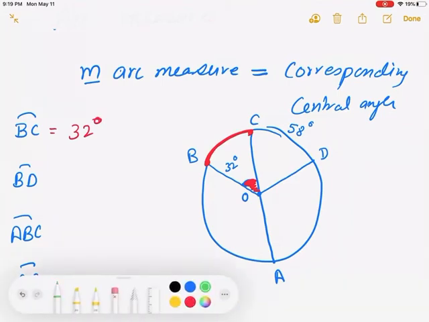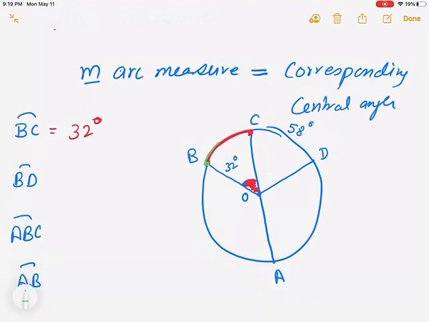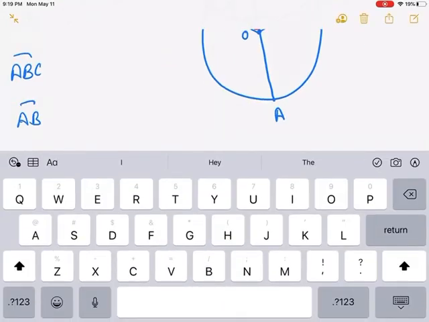BD, let's pick a different color. For BD, it starts from here and it stops here. I have to have the central angle or the arc length, either one, and we can work backwards. If this is 32, I already know. Do we know any of this part here, either the arc or the central angle? We do know the arc length, and they should both be the same.